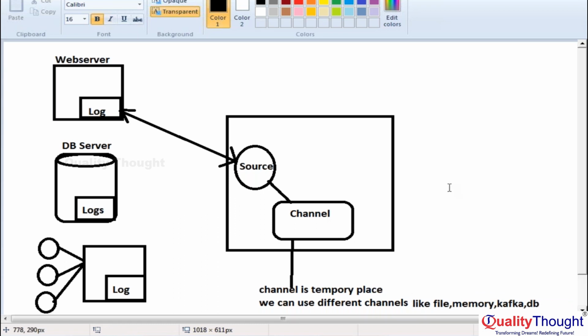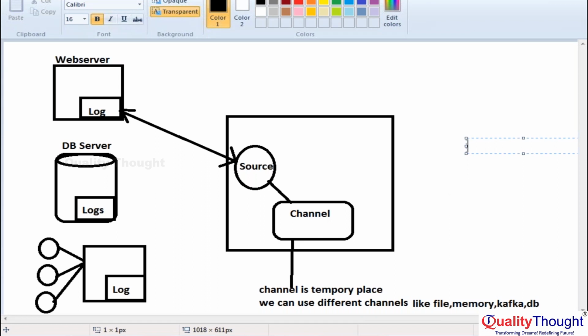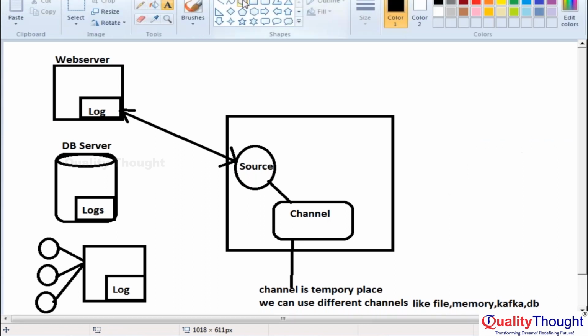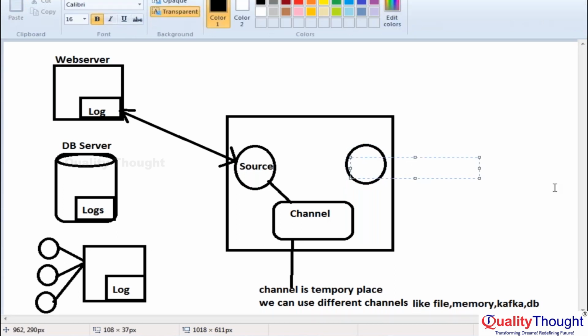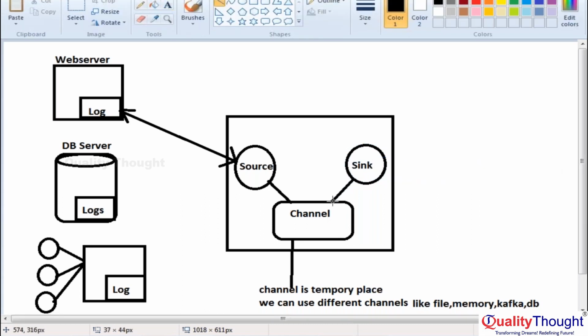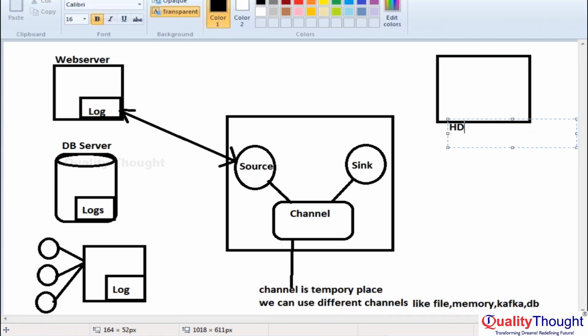Once data is present, the next component, the sink, reads data from the channel and writes it into the specified location. We have different sinks.